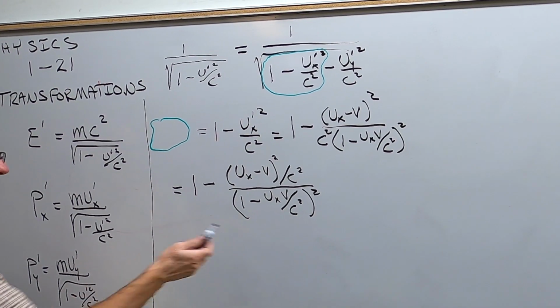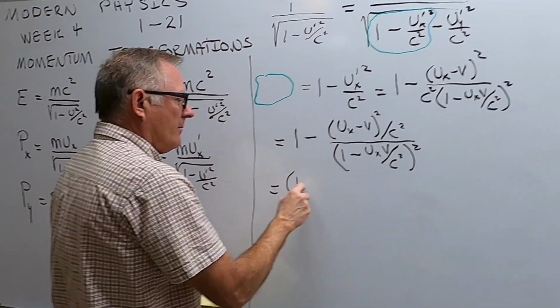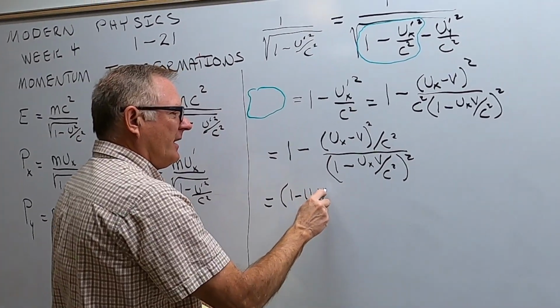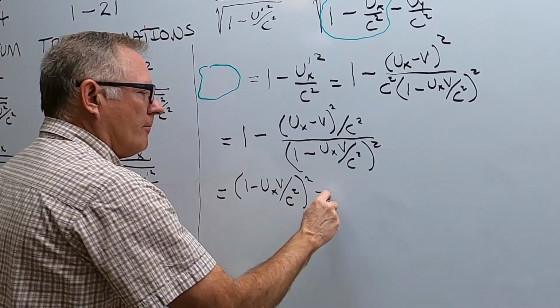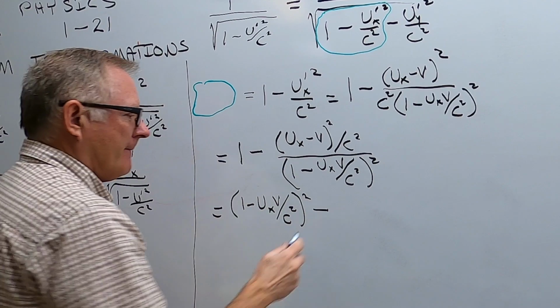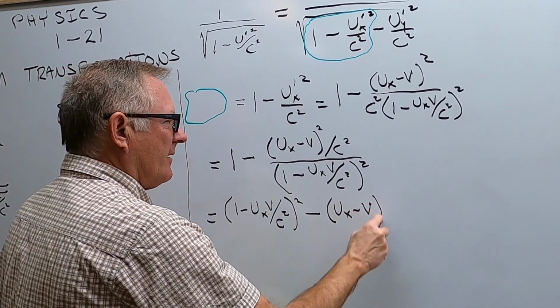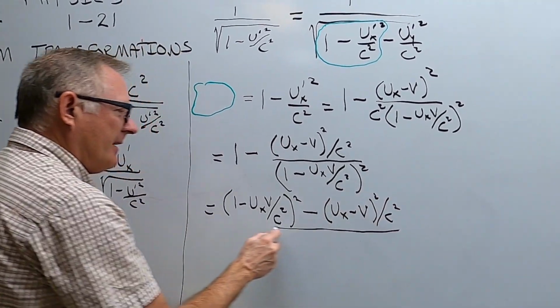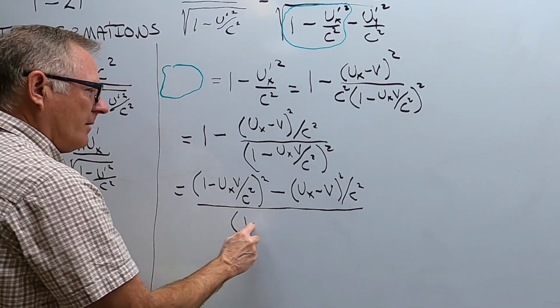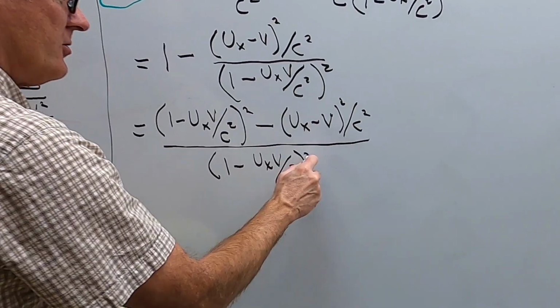Okay, now we'll get a common denominator. So now we have 1 minus uxv all over c squared minus this, which is ux minus v squared all over c squared, divided by 1 minus uxv all over c squared, squared.